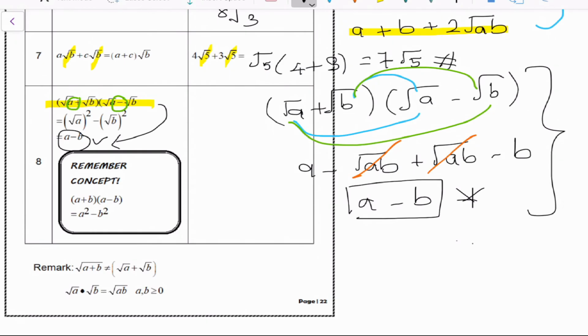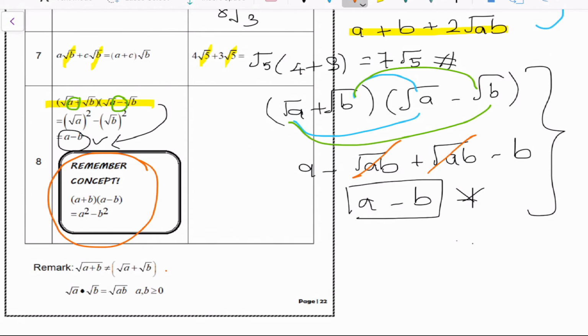So I believe you already know the concept from your high school. You can apply this concept to the surd. So A plus B times A minus B is actually A squared minus B squared.